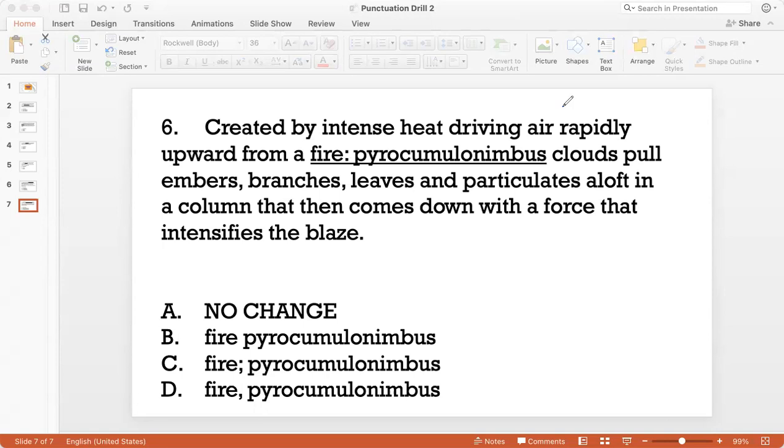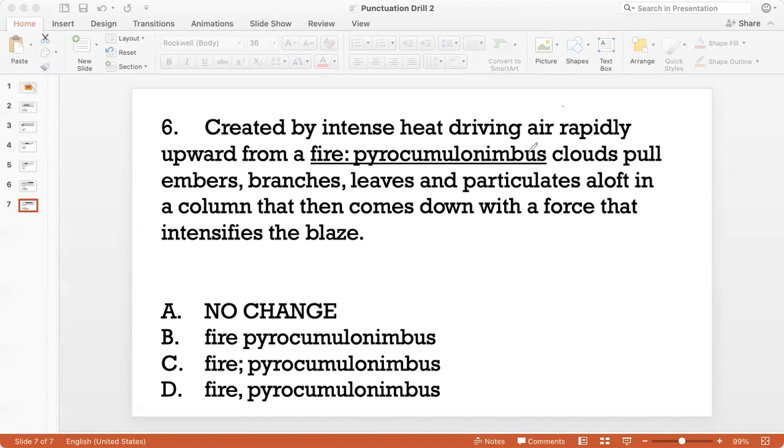So here I'm talking about the heat wave, and what happens during an intense heat wave is that the air from the fire, which is hot, creates these clouds called pyrocumulonimbus clouds, and these clouds then pull dry matter like embers, leaves, and stuff in a column upward, which then falls down with a force, intensifying the blaze. And that's how these wildfires spread.